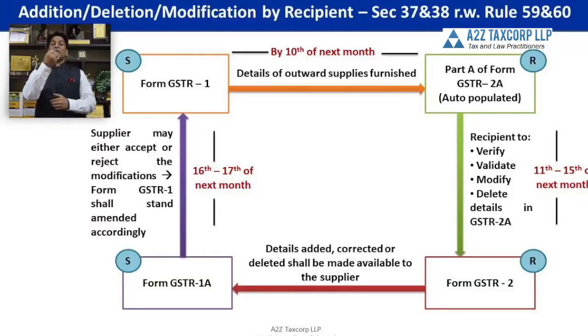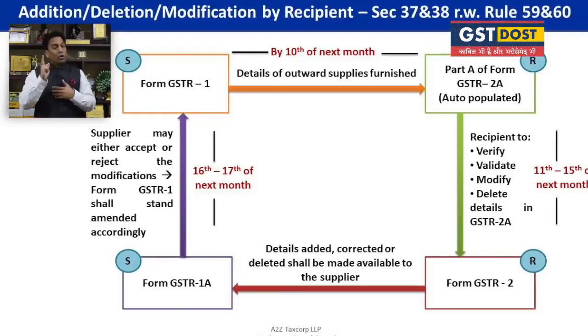While finalizing GSTR 2, being recipient of goods or services, you will do all these add, modify, delete, on hold for finalizing your inward supply return by 15th of next month. Once you finalize it, it gets auto-populated in GSTR 1A for your supplier. Your supplier can see what all add and modification is being done by the recipient of goods or services pertaining to his supply.